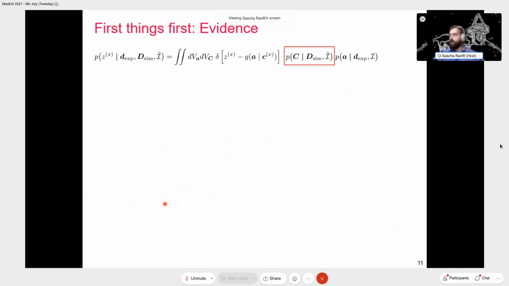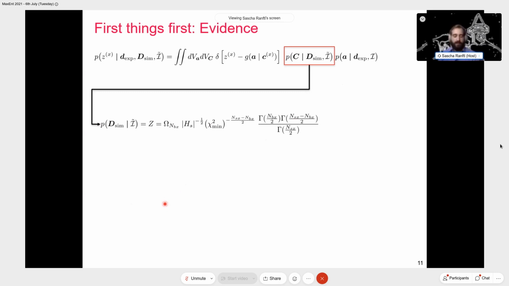Okay, so first things first, the evidence is easily computed here. Of course, we can compute the evidence of the Student t, and we find this scary, but for many of you familiar expression for the evidence. I'm not going to focus on that so much.